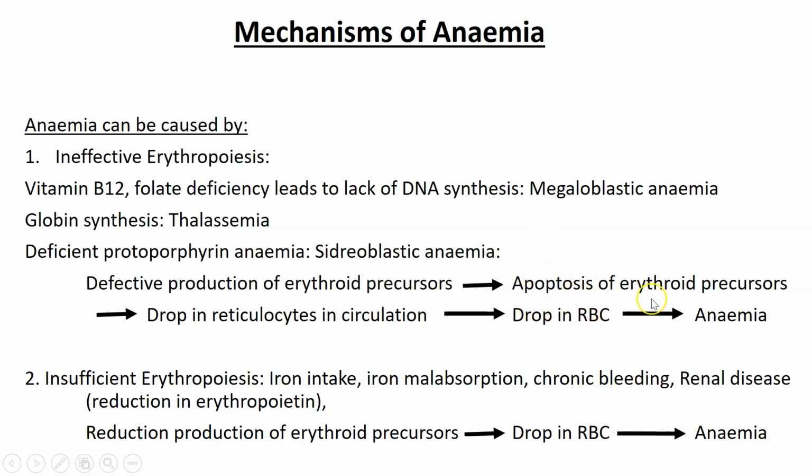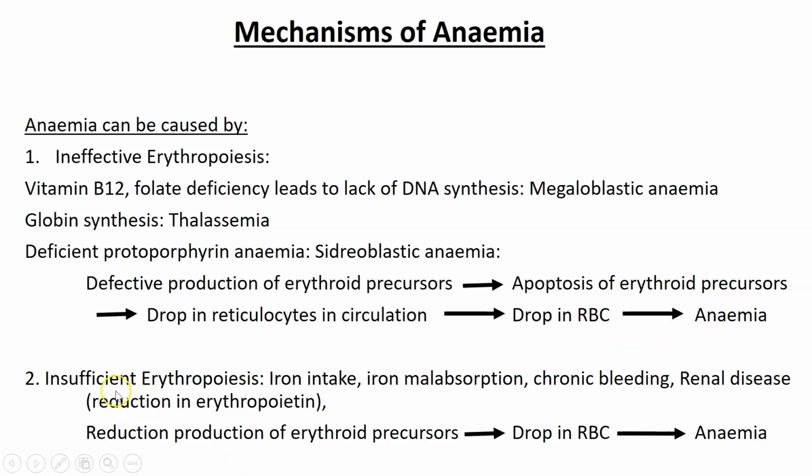So apoptosis of those erythroid precursors, because they're not going to work, so there's no point in them consuming energy. Best to destroy them and wait for some good fresh ones which do work. So apoptosis of those erythroid precursors will obviously mean that there's a drop in reticulocytes in the circulation. Those reticulocytes develop and mature into red blood cells. So because you don't get enough of the reticulocytes, you get a drop in red blood cell number and therefore anemia.